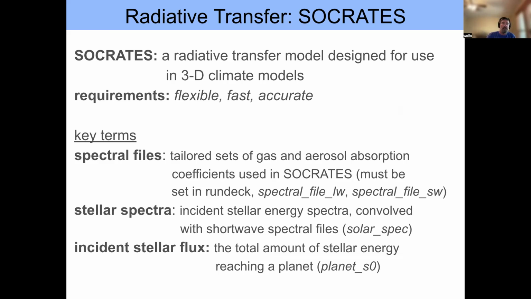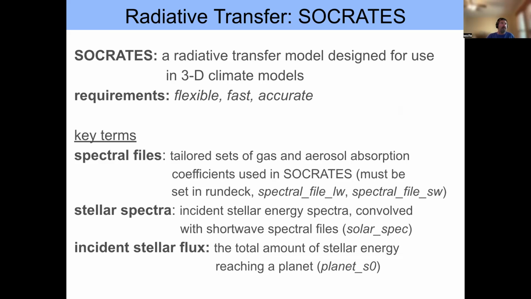Another thing that's incorporated, of course, is the incident stellar spectra, and this is a nuance of Socrates: when you're making spectral files, the incident stellar spectra is convolved into the shortwave spectral file in order to improve accuracy by doing a weighting within each band and across the bands to reweight to the actual incident stellar spectra. And then you will also be specifying the total amount of stellar energy reaching the planet, which is a fixed number, 1360 for Earth, 900 watts per meter squared for TRAPPIST-1e, things like that.